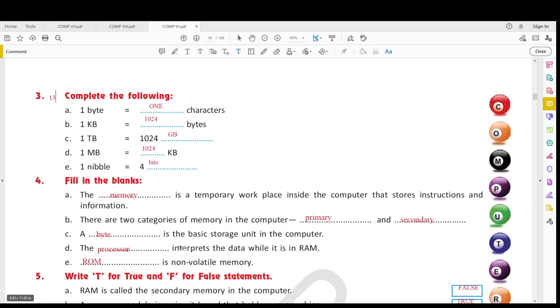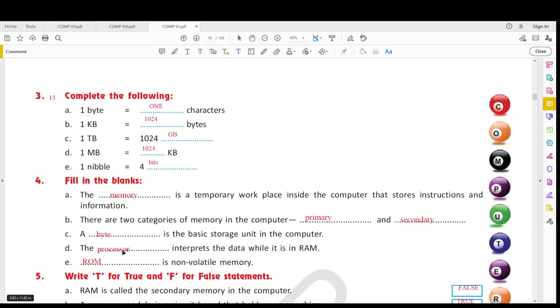A dash interprets the data while it is in RAM. The processor interprets the data while it is in RAM. So, what are the data in the RAM? It is the data and instructions that are waiting to be processed by the processor.